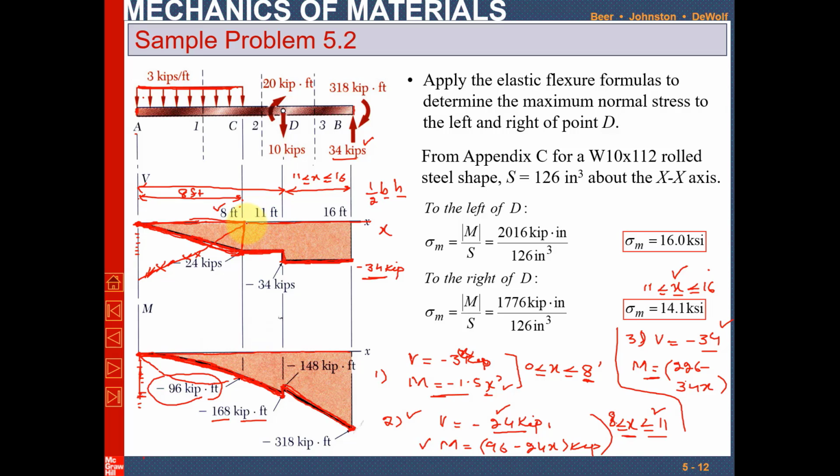Again, this area is a rectangle, so 11 into this total distance 24 will give you the moment value, which is minus 168. Clear? Okay, and similarly you can check the rest as well.